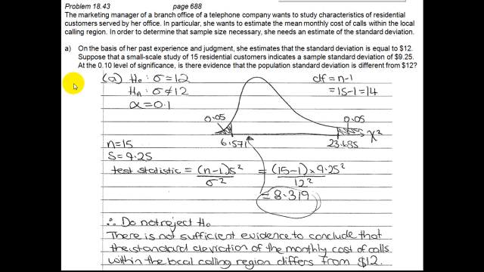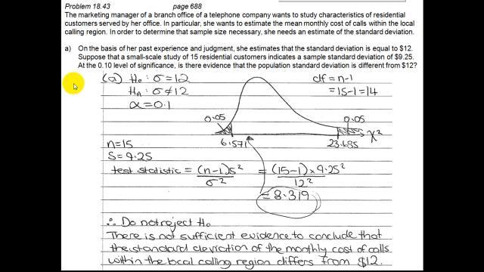Now we can then compare that to our decision diagram and we can see that it's clearly within the non-reject region. So our initial decision is to not reject the null, and if we then turn that into a sentence relating to the alternative hypothesis, we can say there is not sufficient evidence to conclude that the standard deviation of the monthly cost of calls within the local calling region differs from $12.